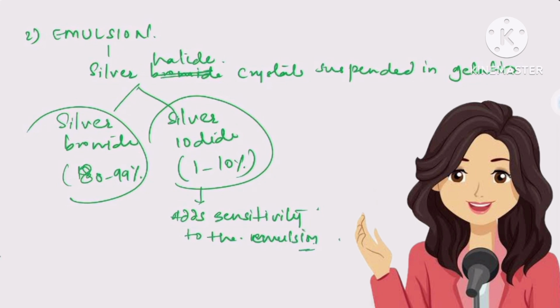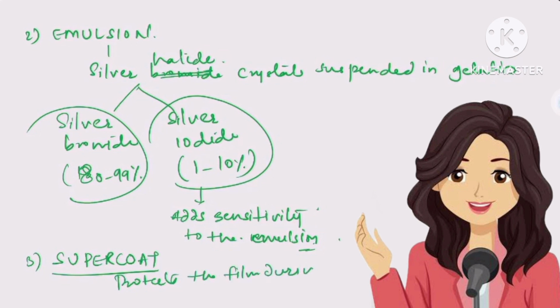Then third, we have a super coat. Super coat just protects the film during handling. Again, this gelatin is made from cattle bone.